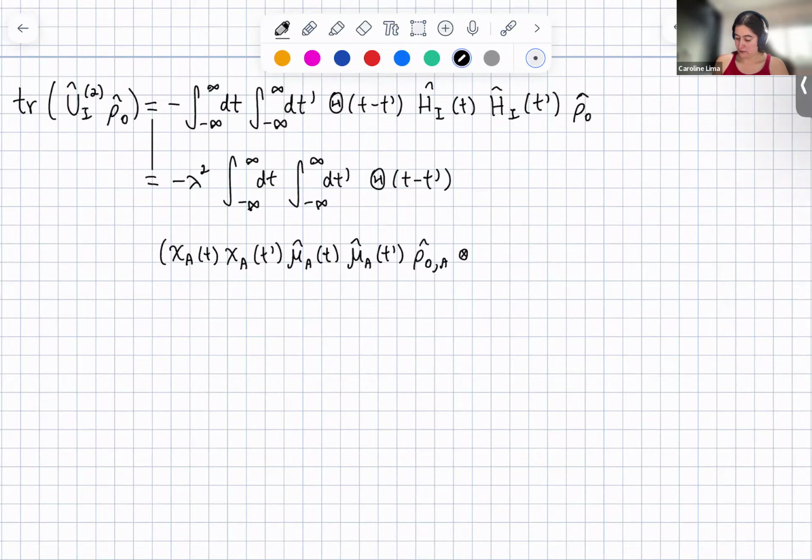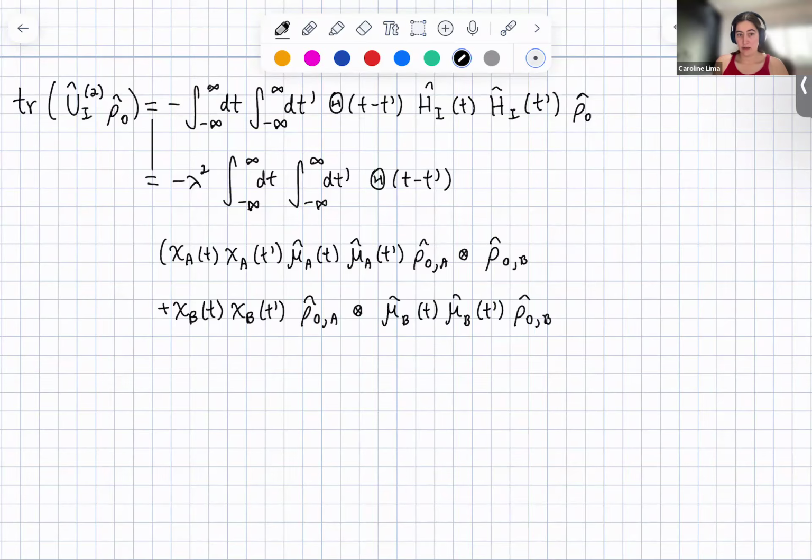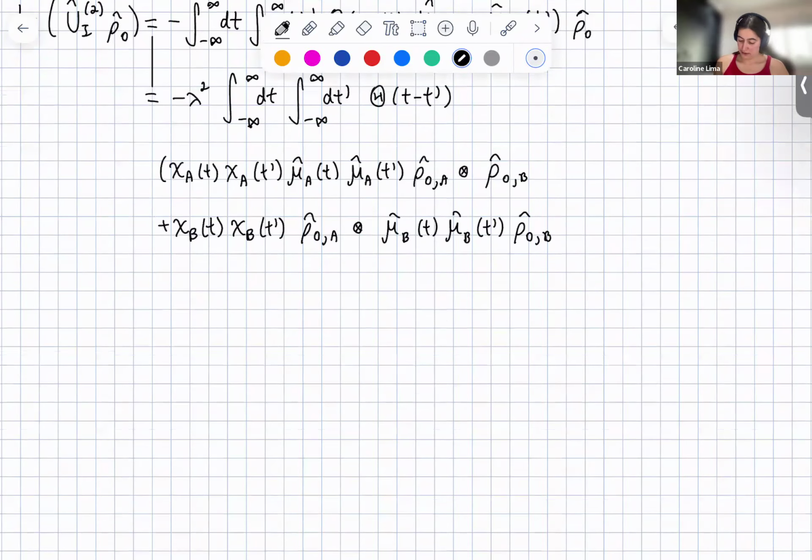And then nothing happens on B, right? And then the same idea, but for B, so chi B of T prime. And then I have just rho 0 A. And then I have mu acting on B. And now we're going to have the cross terms.